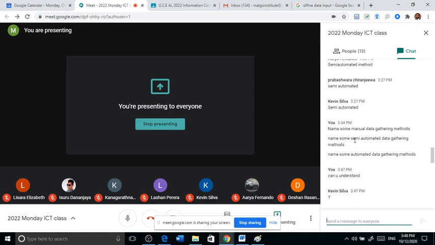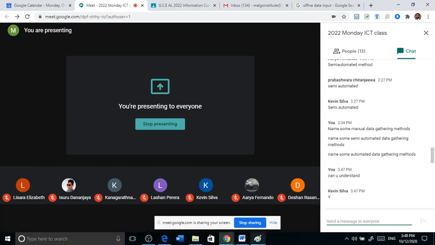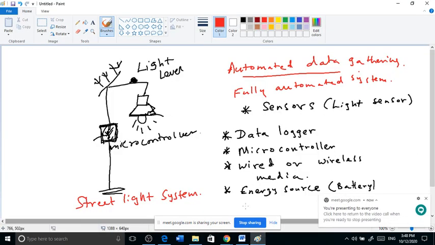So here you have to write the tools: OMR, OCR, barcode reader, QR code reader, like that. Remember to think how it will be semi-automated and how it will be automated. Automated means there's no human involvement, and I have mentioned here what kind of things are there in fully automated systems.